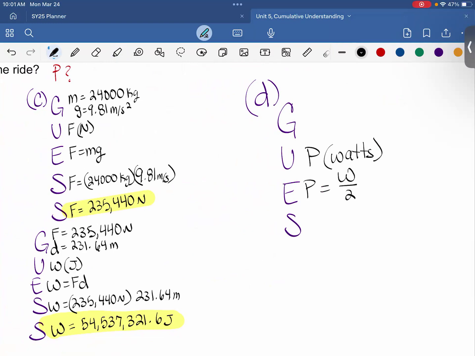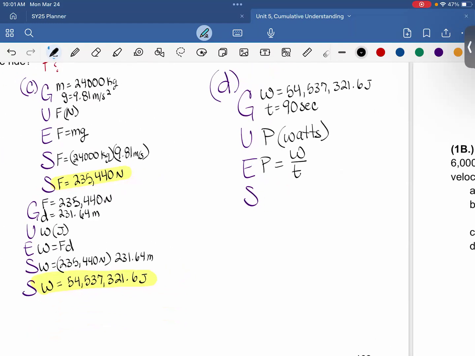So we're going to do work over time. We just got our work value. And the time has not changed. We're still working with the same 90 seconds that it took for the ride to drop.